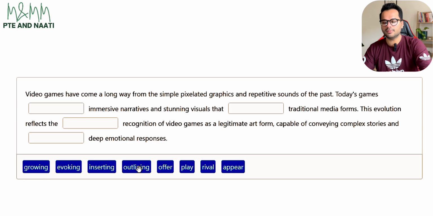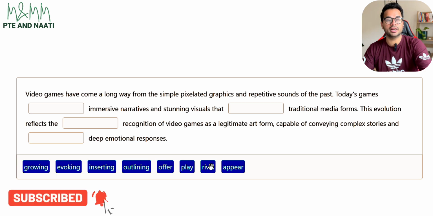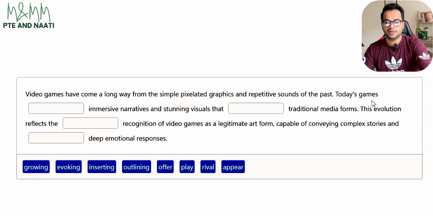Then I look at my options and see what verbs I have got. Growing, evoking, inserting, outlining, offer, play, and appear. So out of 8, I have got 7 verbs. It's not helping that much, but at least I could eliminate one option. So I've got 7 options to choose from now. Now, today's games dash immersive narratives.